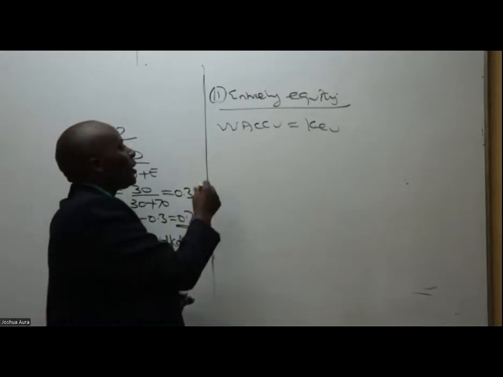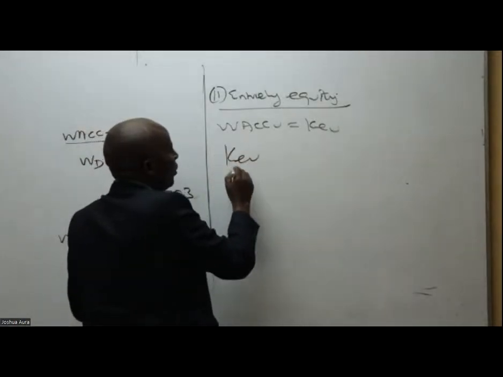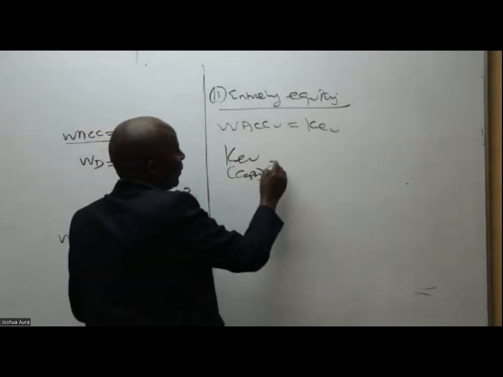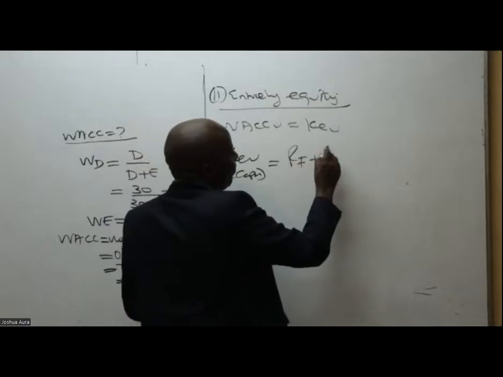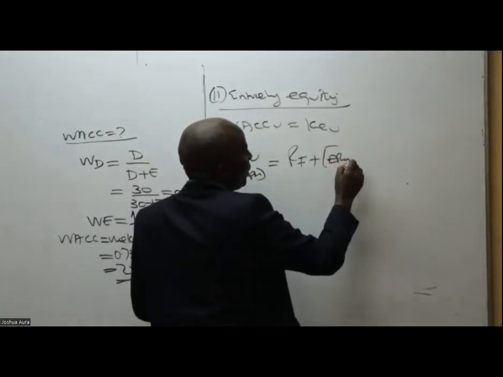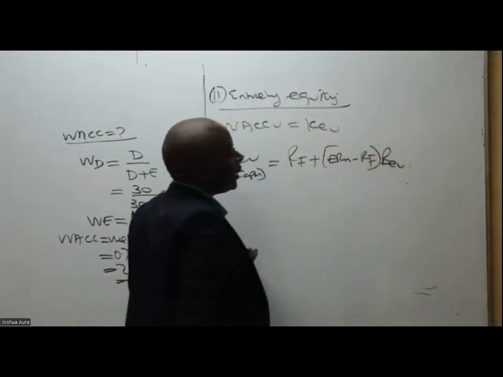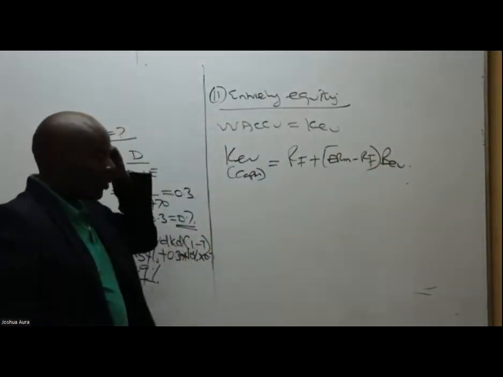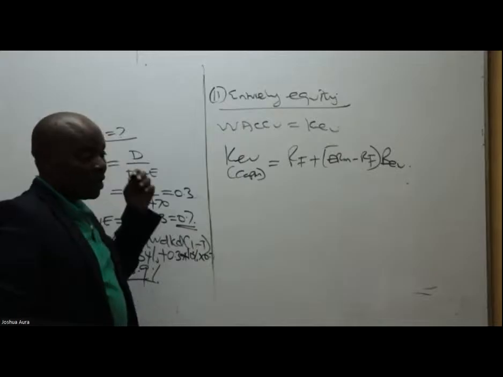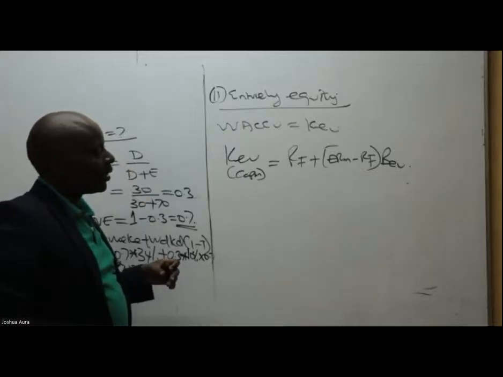To get Ke using CAPM, I take the risk-free rate plus market returns minus risk-free, multiplied by beta. I don't need a lot of workings here.